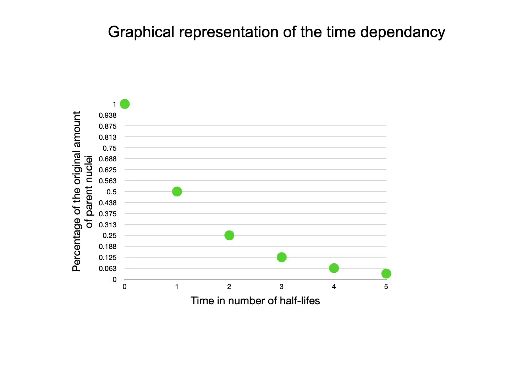This is a graph of the percentage of the original amount of parent nuclei left as a function of time from the equation we have just discussed for n values from 0 to 5. You can see that at time 0, the time origin, the percentage is 100%, which is the same as 1. After 1 half-life, the percentage is 50%.